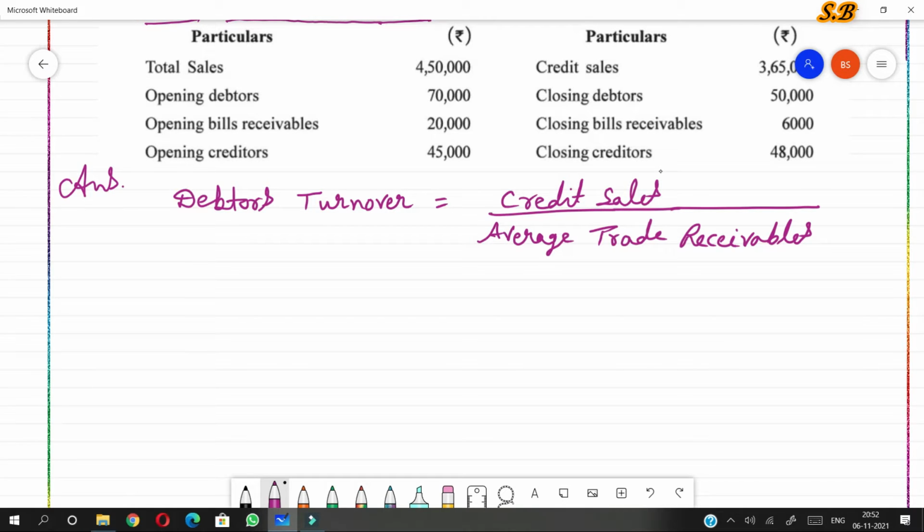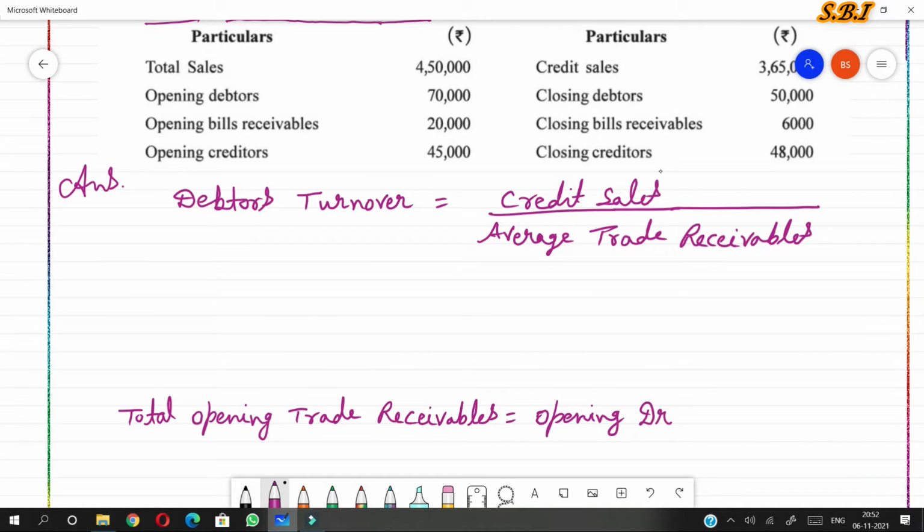So first of all we will find out total opening trade receivables, which equals opening debtors plus opening bills receivable.